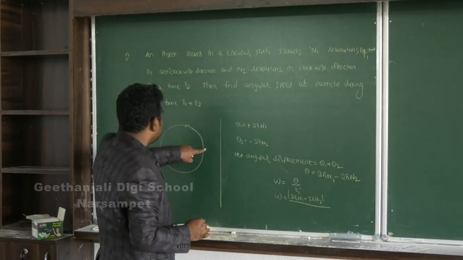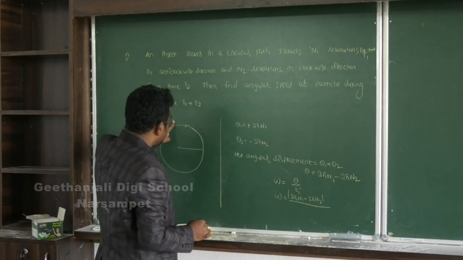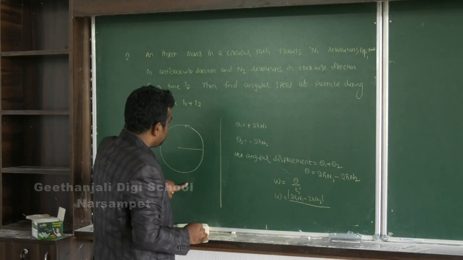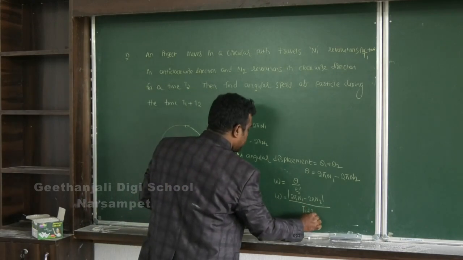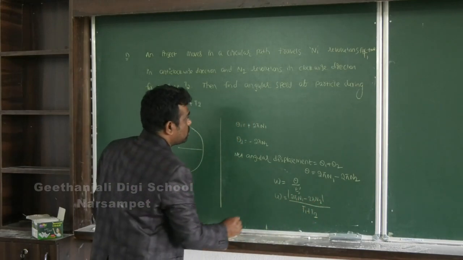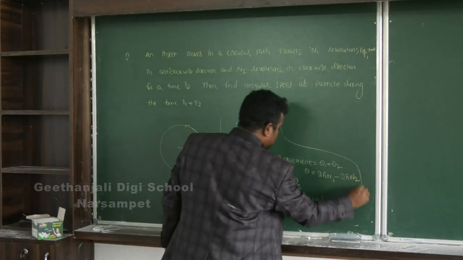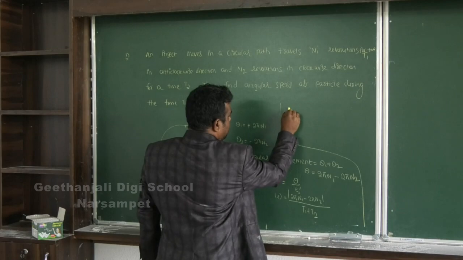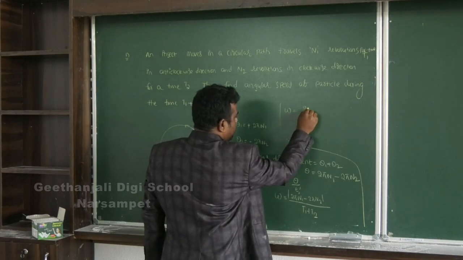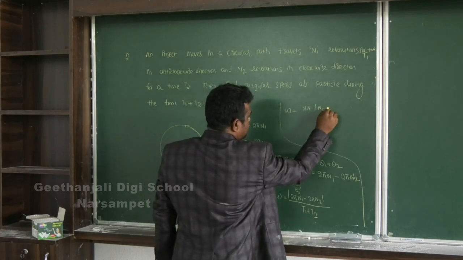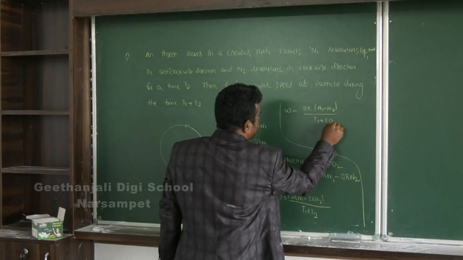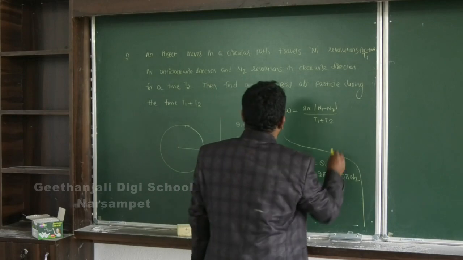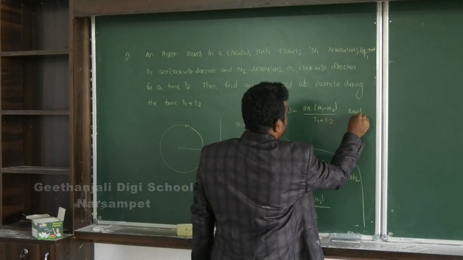It is moving in the anti-clockwise sense for t1 seconds and in a clockwise sense for t2 seconds. So the total time taken is equal to t1 plus t2. After the simplification, the angular speed omega is equal to 2 pi times (n1 minus n2) by (t1 plus t2). Units are radian per second.